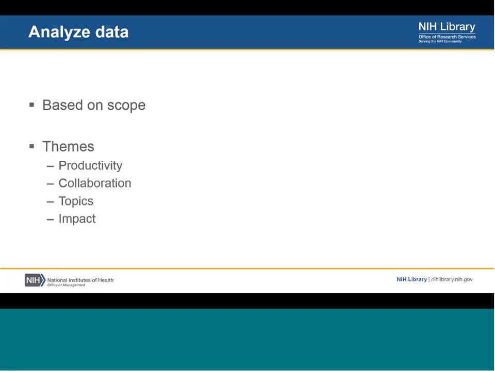So we might be interested in the effects of collaboration on impact, or the productivity of certain disciplines or research institutions in particular research topics, or other combinations thereof. So even though we're talking about these themes, we're interested in both the themes by themselves and then also in the intersections of these particular themes.